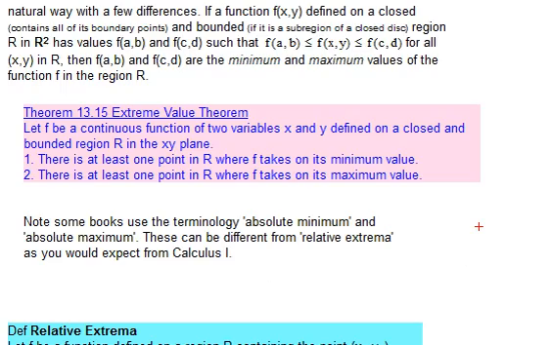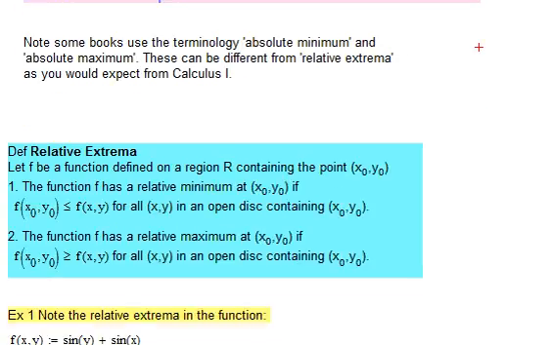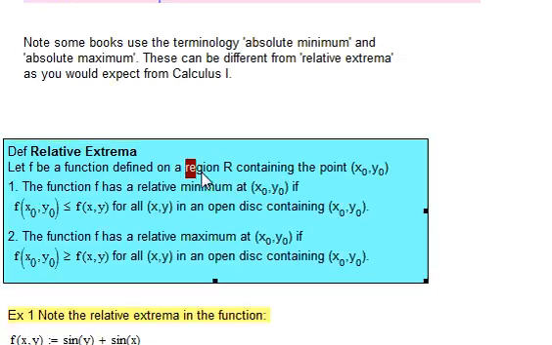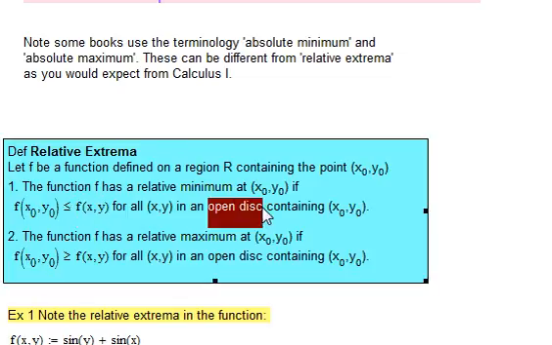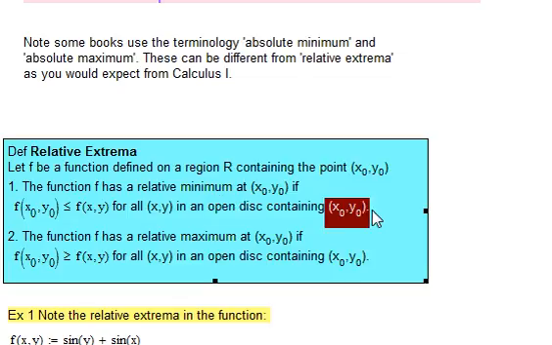Okay, so relative extrema. Let f be a function defined on a region R containing the point x sub 0, y sub 0. The function f has a relative minimum at x sub 0, y sub 0 if f of x sub 0, y sub 0 is less than or equal to f of xy for all xy in an open disk containing x sub 0, y sub 0.